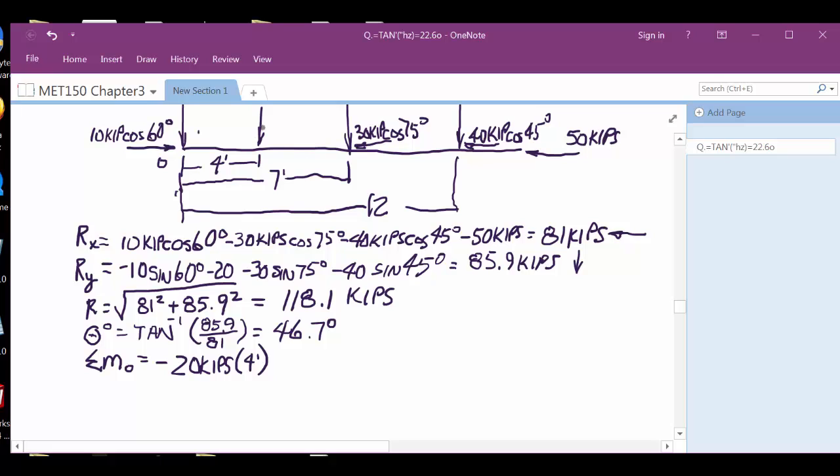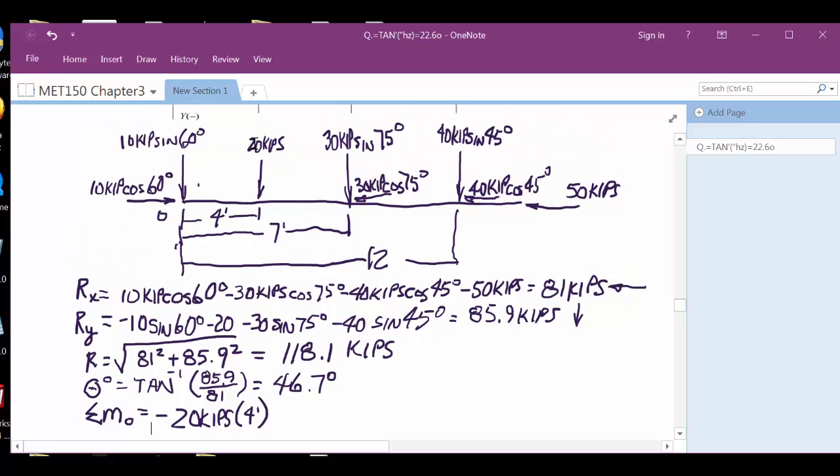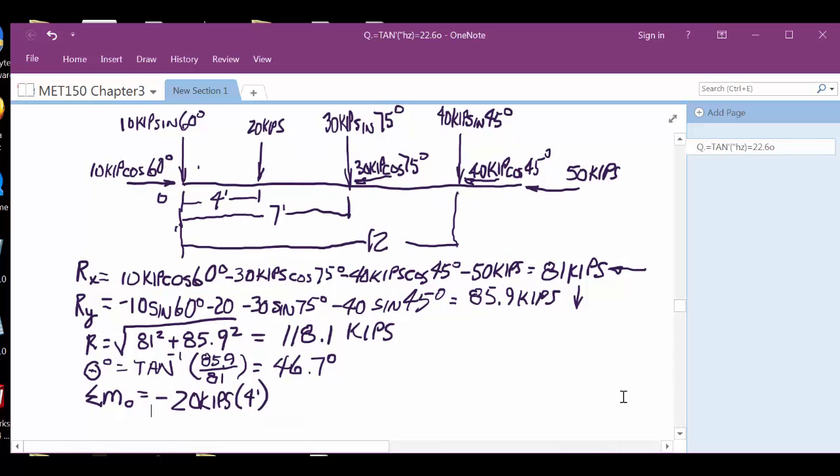This is the 20 kips right here. I can scroll that back up a little bit. Okay. Well, then we've got minus 30 kips. I'm going to dispense with those two.